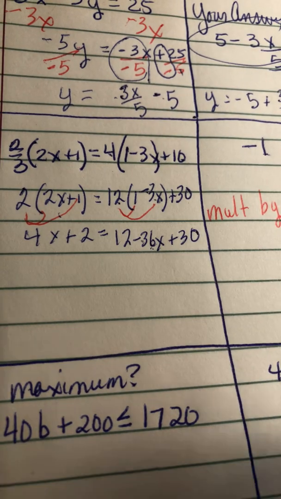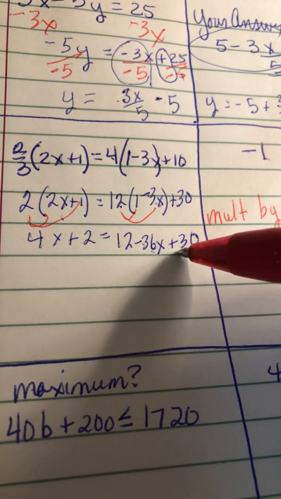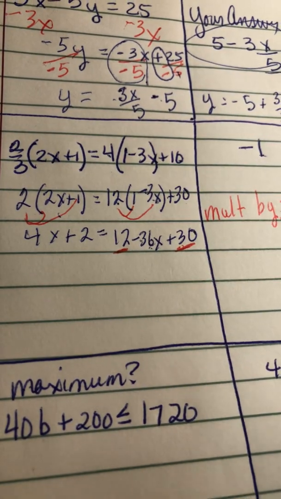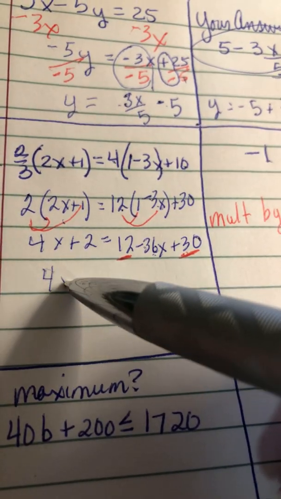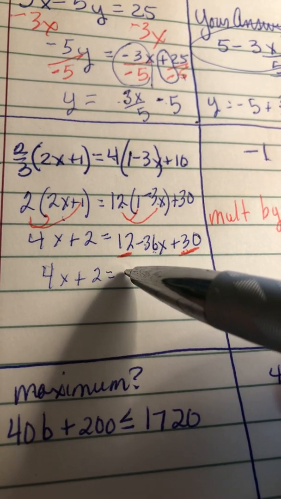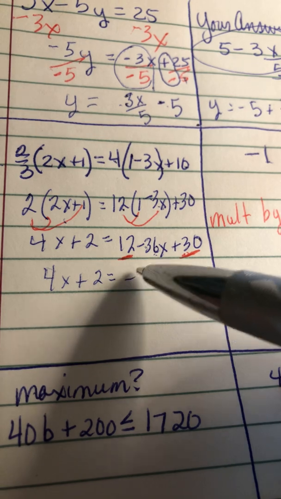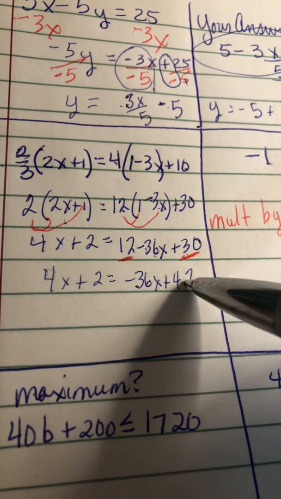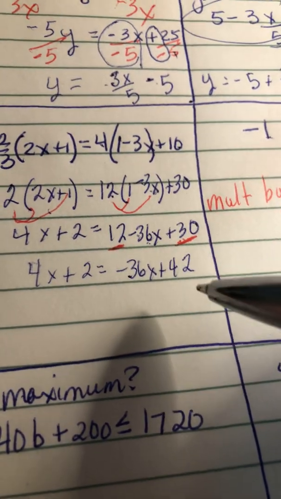We're going to go ahead and clean up if we can. Like on this side we have a 30 and we have a 12 that can be put together. So we're going to have 4x plus 2 equals, you can write negative 36x plus 42, or 42 minus 36x.